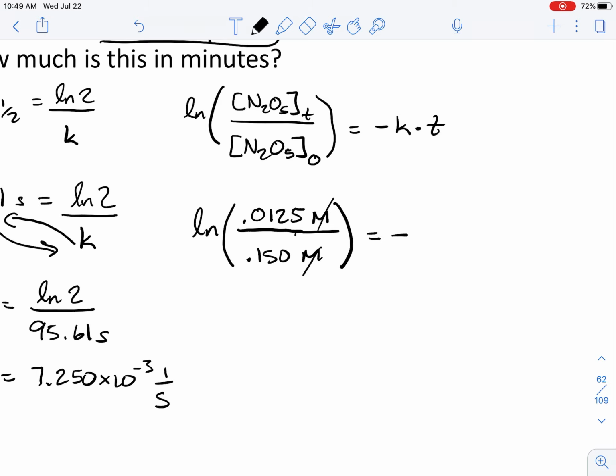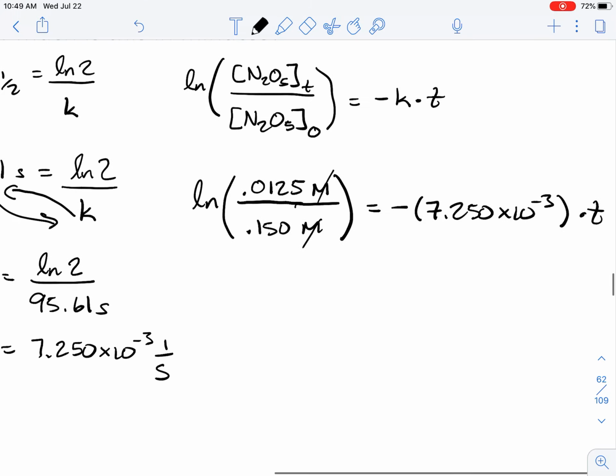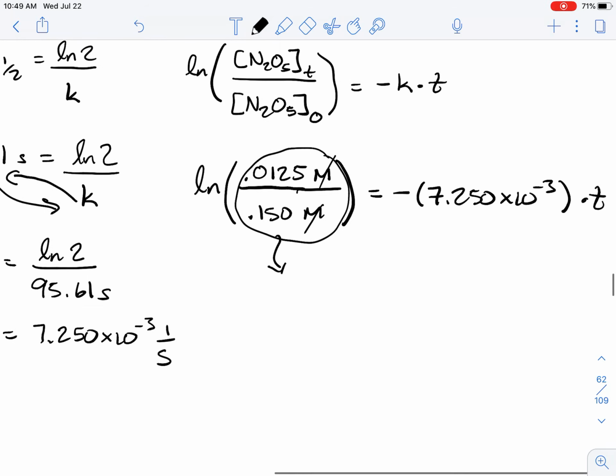And that's going to equal negative K, which is what we just figured out, 7.250 times 10 to the negative 3 times T. We can divide what's inside the parentheses, and that's going to give us the natural log of 8.33 times 10 to the negative 2.